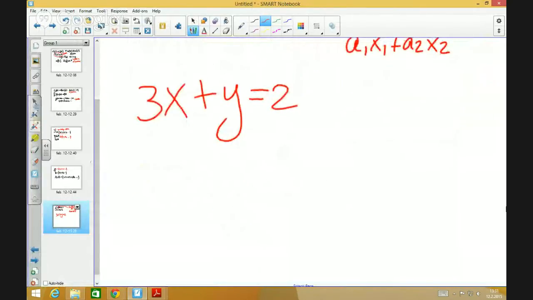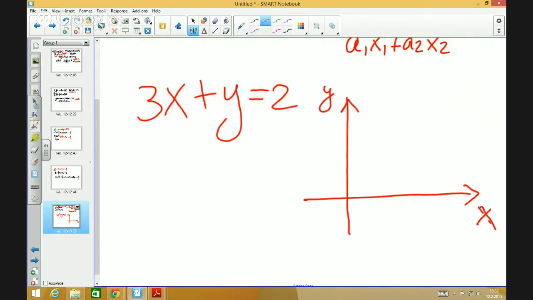I did write it big. There you are, that's x, that's y. Why is this a line? Okay, so when x is 0, y is 2.